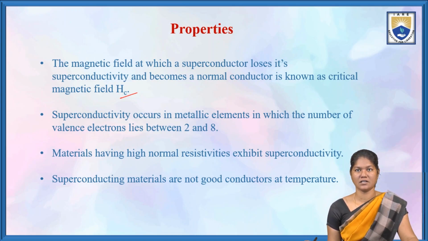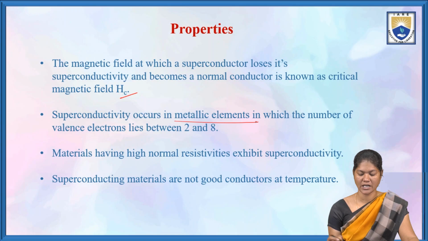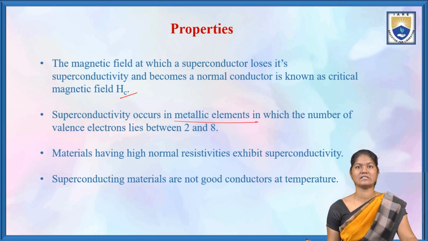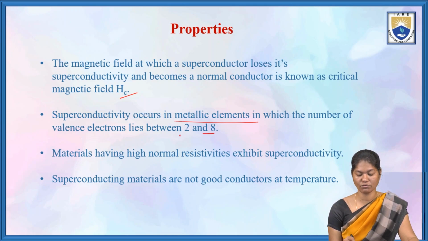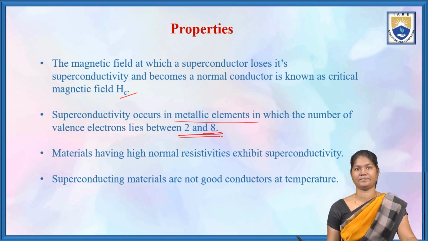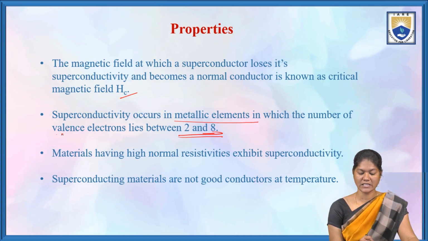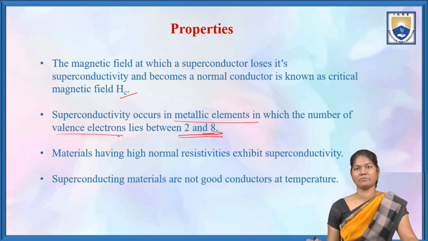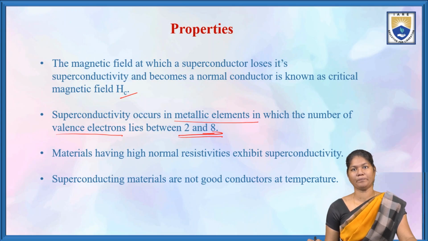Superconductivity occurs in metallic elements in which the number of valence electrons lies between 2 and 8. Those can show the superconductivity property.